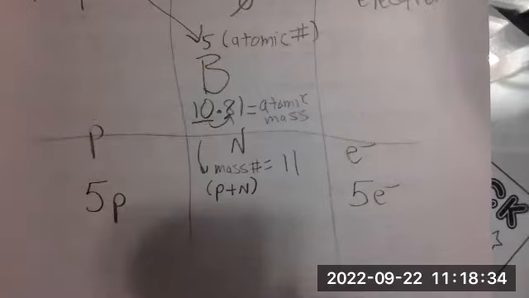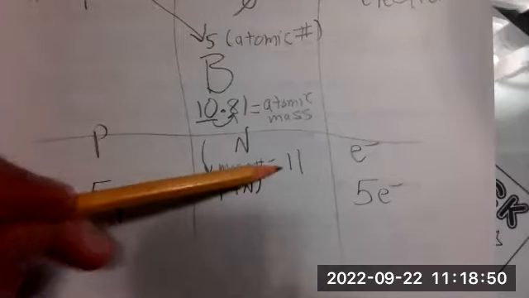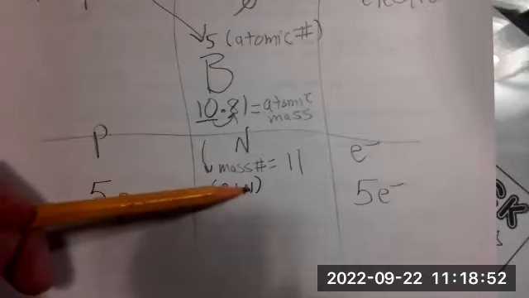So all that's left to do is a little bit of math, a subtraction, really. You round this number to find the total number of protons plus neutrons is 11. I know there are 5 protons, so if I subtract the protons out of this number, all that's left is the number of neutrons.